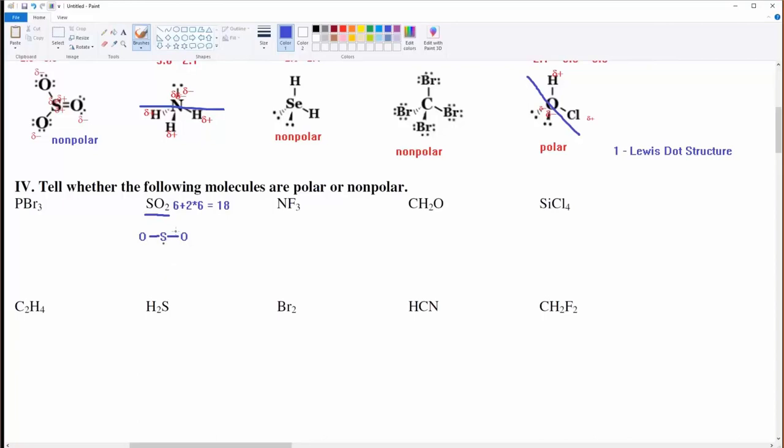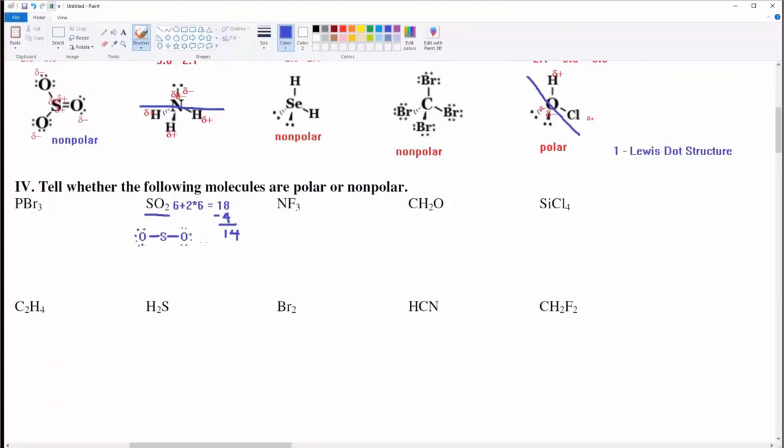Okay, so electrons on the outside. Sarah, I'm not sure what you want me to fix. There were 6 from the sulfur plus 2 times 6 from each oxygen, right? Okay, all right. So count the electrons. I've used up 4 here, so now I have 14 left. Good. I'm going to put those on the outside to fill shells. 1, 2, 3, 4, 5, 6, 7, 8, 9, 10, 11, 12.